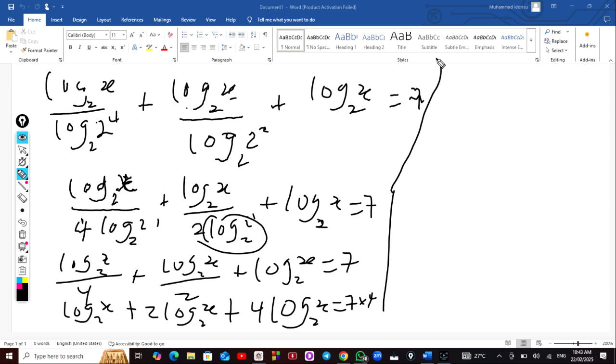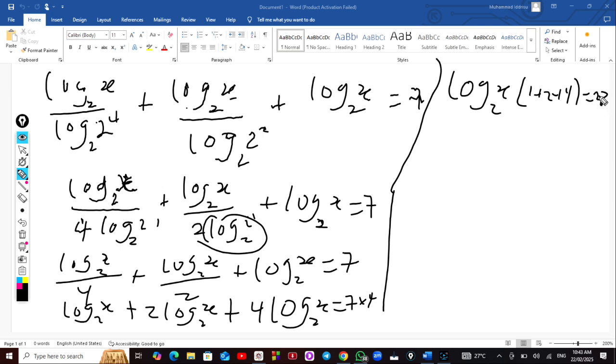Since the logarithms are the same base, you can add the logs. So we can factorize log x base 2 out. We now have 1 plus 2 plus 4 to be equal to 28.